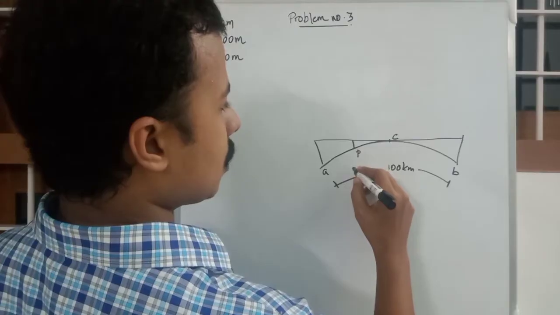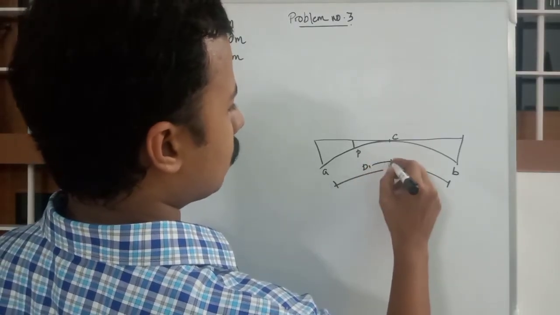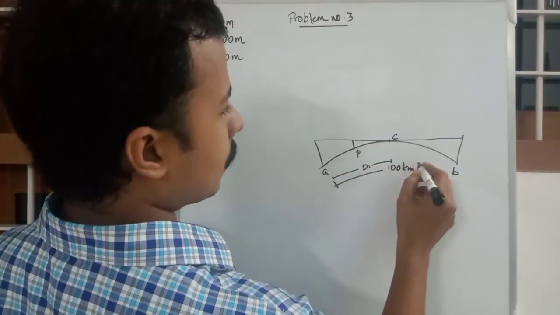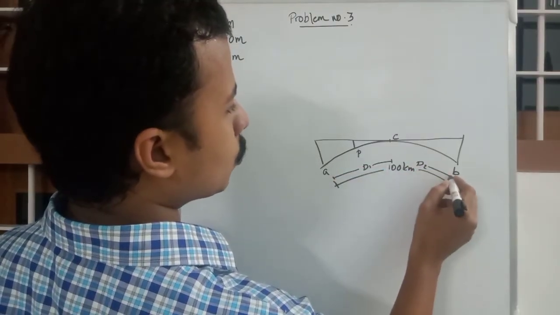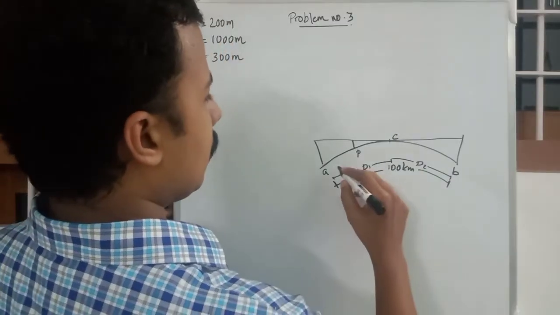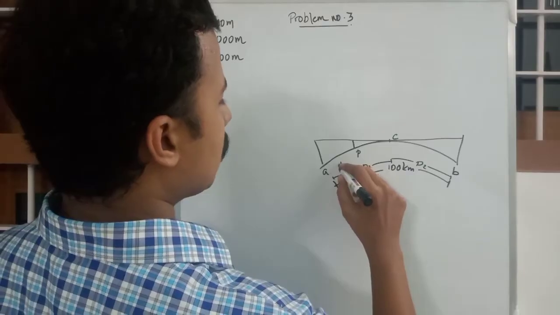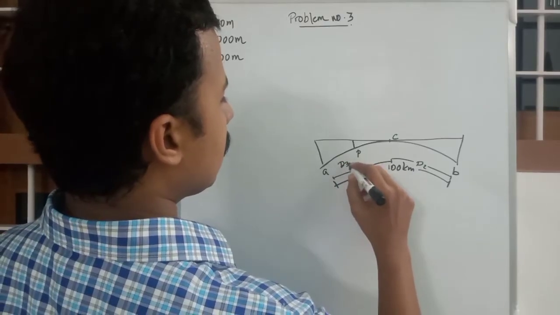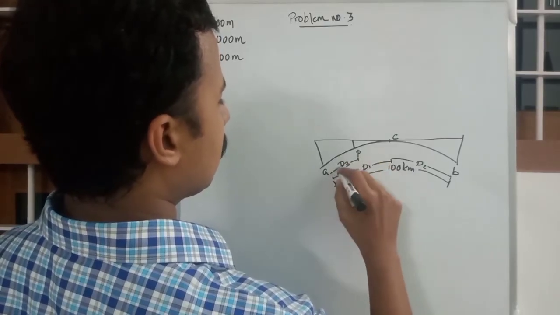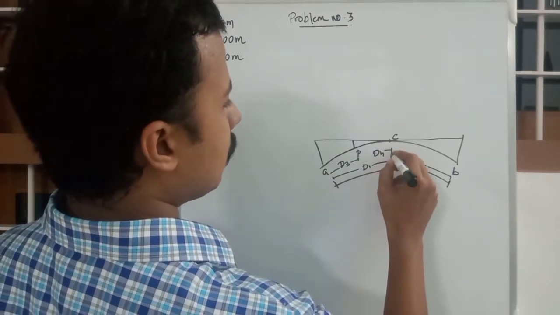AC we will name D1, this is D2, CB. A to P is D3 and P to C is D4.